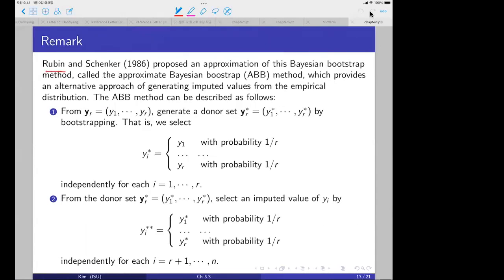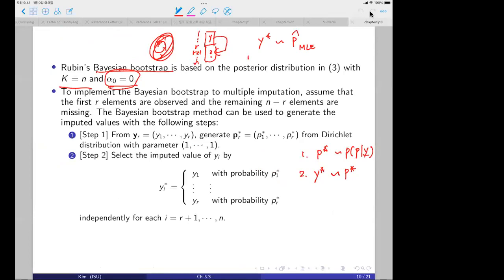In this paper, Rubin and Schenker propose an approximation of the Bayesian bootstrap called the approximate Bayesian bootstrap, which provides an alternative approach of generating imputed values from the empirical distribution. Remember, this is a P step, and this is the I step. But you can see that this P step is actually viewed as generating a population, and then from the generated population, you draw a sample.